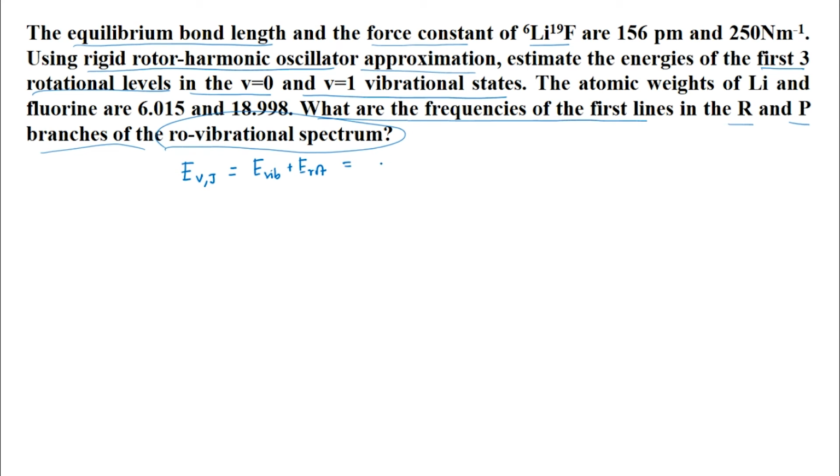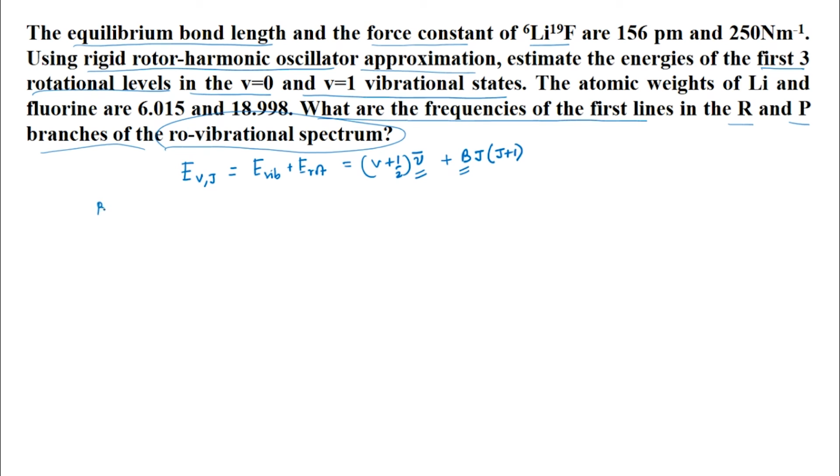So, we can write this as (v plus half) nu bar, because we are only considering the harmonic oscillator, plus B times J times (J plus 1), because we are considering rigid rotor. So, in order to find the energies, we have to find nu bar, and also we need to find B. So, first let us find B.